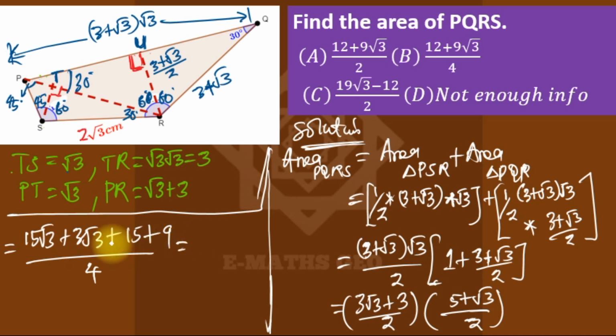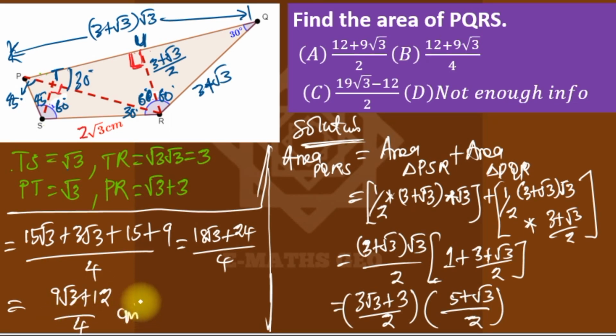So which is 18 root 3 plus 24 over 4. So the answer is 9 root 3 plus 12 over 2 cm squared. So that's the answer.